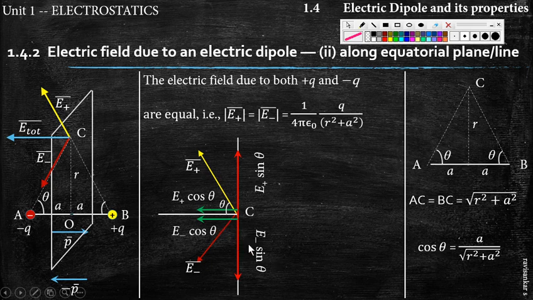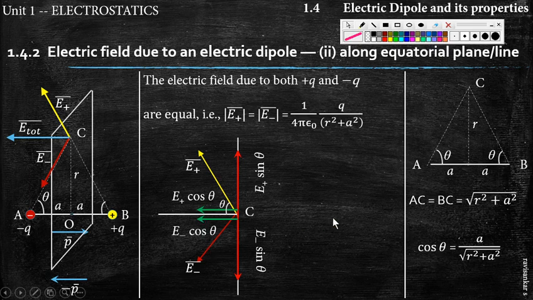Now, a simple question. At point C, can you tell how many vectors are totally acting here? Please count and tell or note it down. How many vectors are there? So 1, 2, 3, 4, 5, 6.